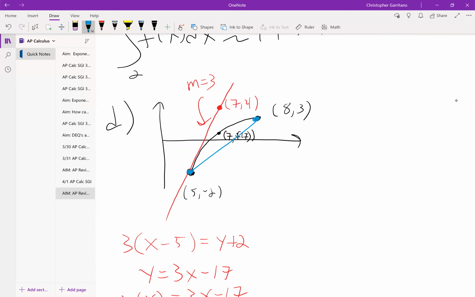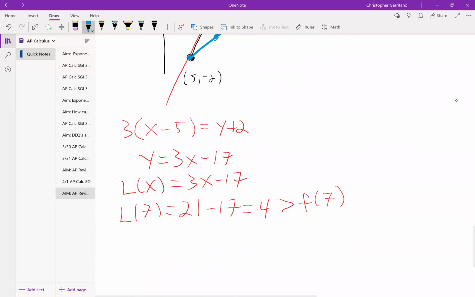Here's my secant line. You'll notice that because the curve is concave down on this interval, the secant line exists completely below the curve. So the secant line approximation is going to be an underestimate, and that's exactly what we're trying to get at here.